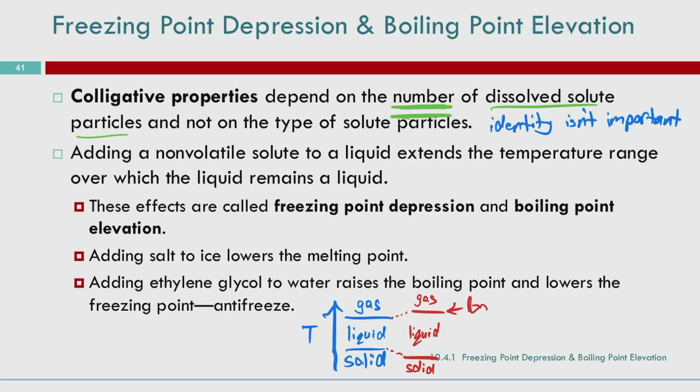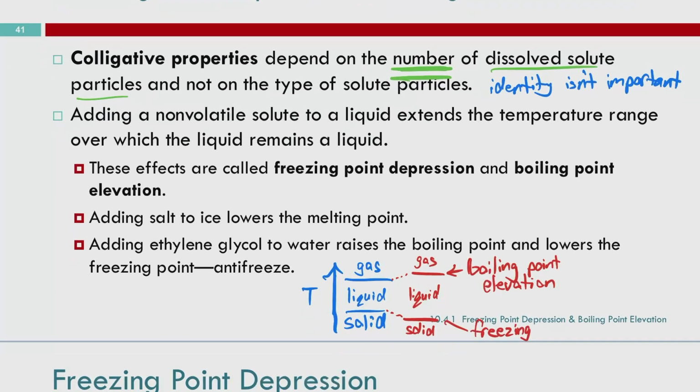So we've got boiling point elevation. It now boils at a higher temperature. And we are decreasing our freezing point. Another name for lowering is depressing, like a tongue depressor is used to lower your tongue, in the event that you can't just say, ah, and show the doctor your tonsils, right?